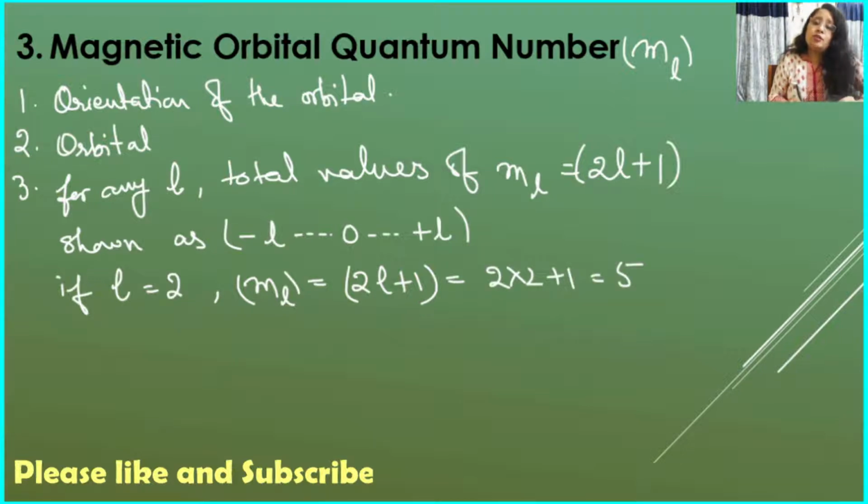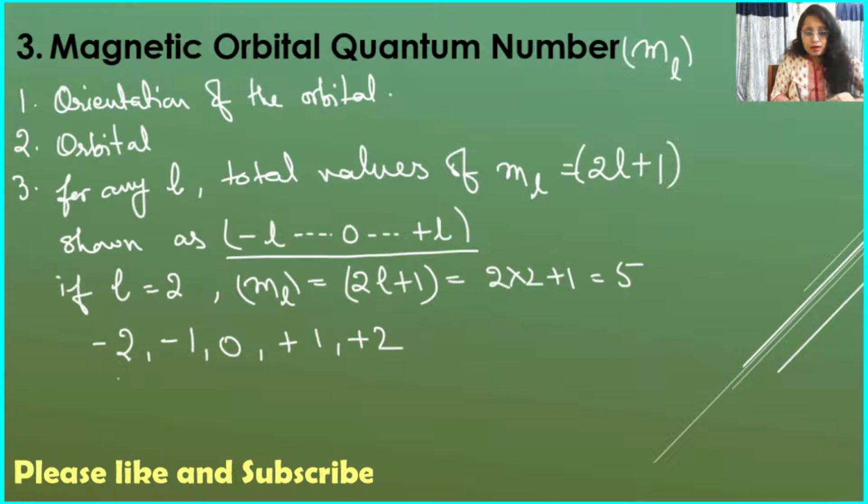The total values of m should be 5, written like minus 2, minus 1, 0, plus 1 and plus 2. This is how to write the values of m if we have a value of l. So this is all about the magnetic quantum number.